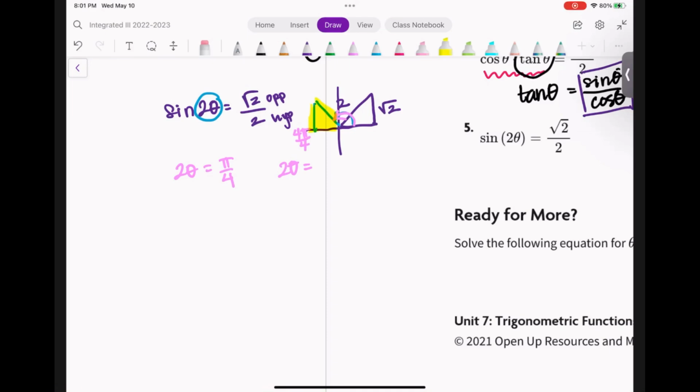So that would be 3 pi over 4 because I'm missing one, right? 3 pi over 4. And then you're just going to solve. You're going to divide by 2, and that's going to be your answer on each side. Divide by 2, divide by 2. And so we get pi over 8. And I have a feeling we're going to have more answers. So 3 pi over 8.